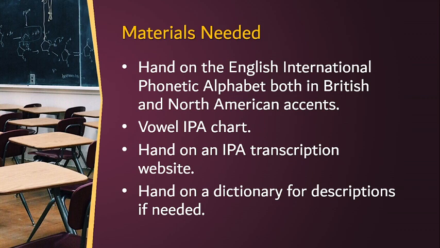The second is the vowel IPA chart, which sometimes is not attached to the first one, but is separate. And third, an IPA transcription website; you just search for IPA transcription, and you can find many of them, right? And number four, a dictionary for definitions if needed. If you need it, that's right. If you don't need it, that's great too.